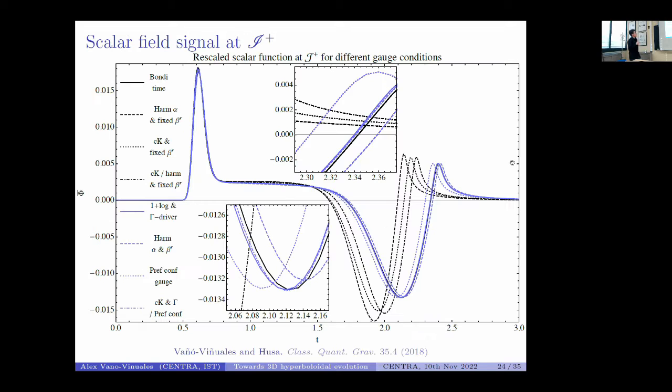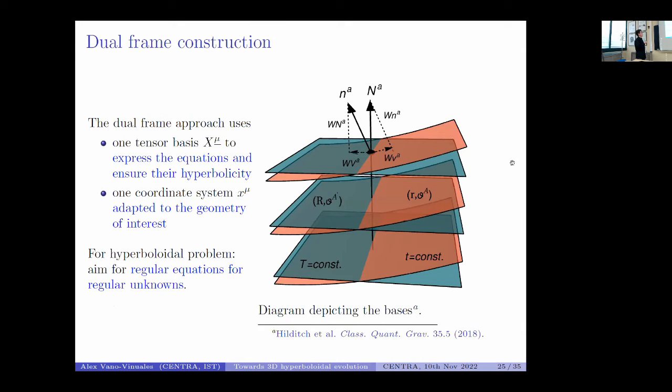And now, before I show you the first attempts at spherical symmetry with this conformal approach, I would like to mention a few bits about the dual frame approach, which is the one being led here by David Hilditch, also with Edgar and several of the PhD students working with him, also aiming to solve the hyperboloidal problem. The difference is that here you need two sets of tensor bases.